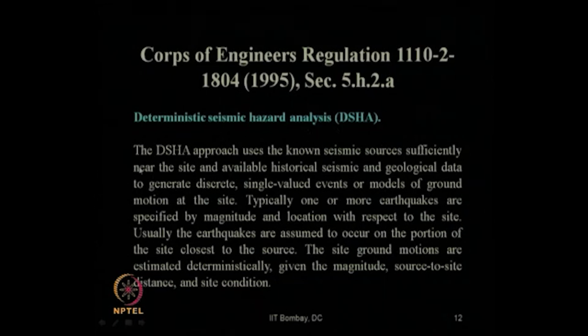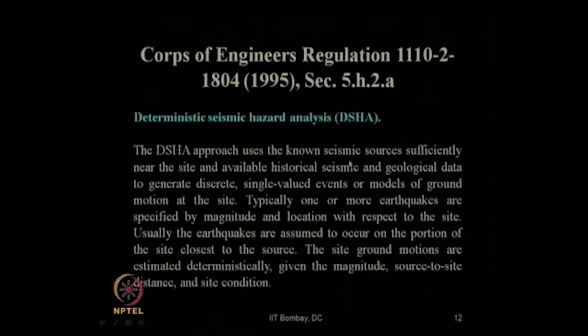The clause says the DSHA approach uses the known seismic sources sufficiently near to the site, and available seismic and geological data, to generate discrete single valued events or models of ground motion at the site.